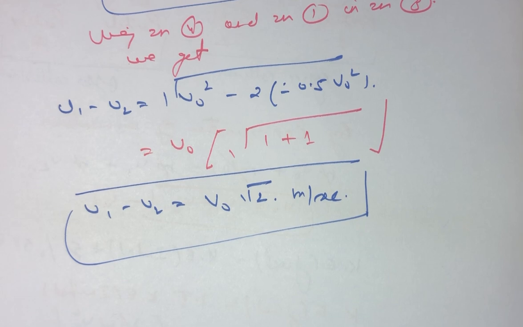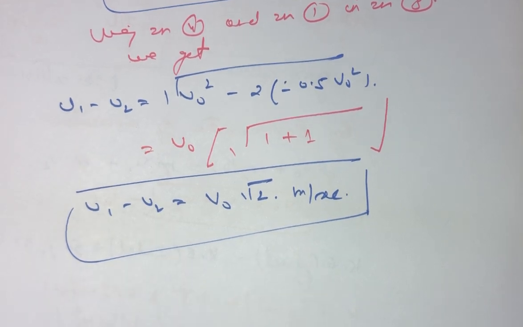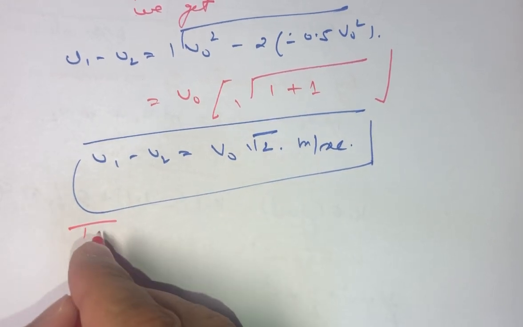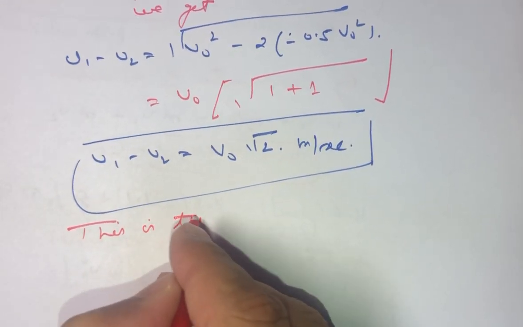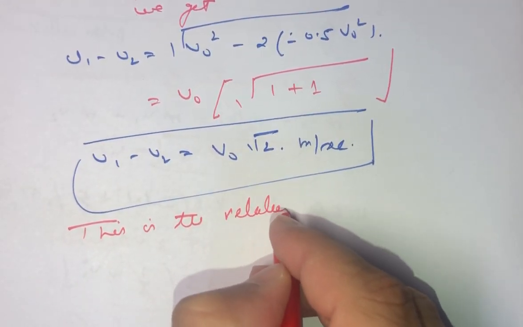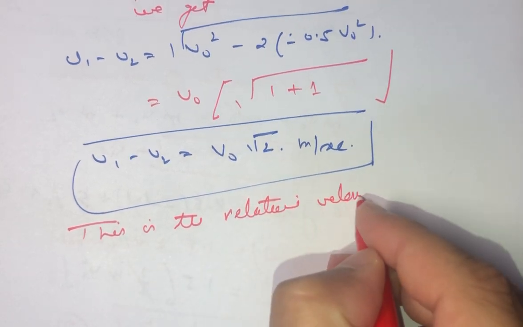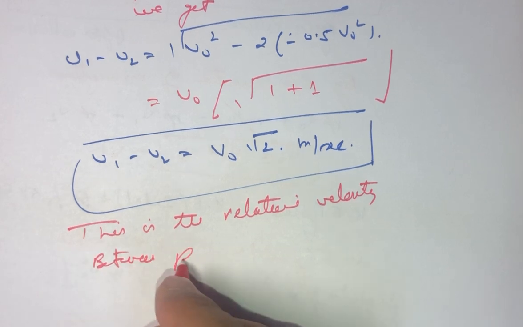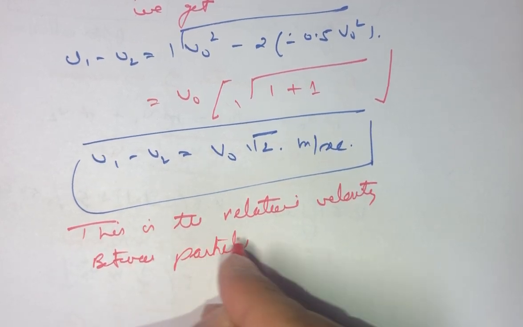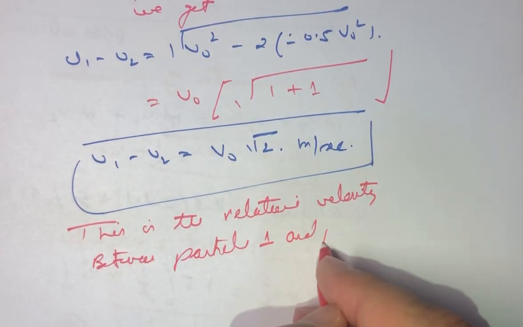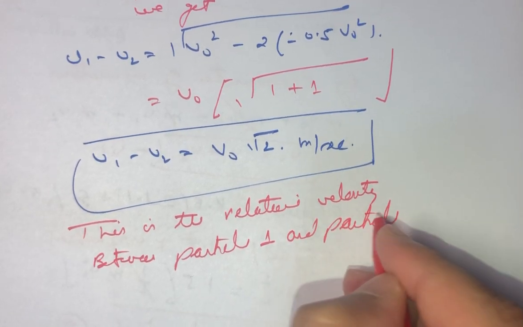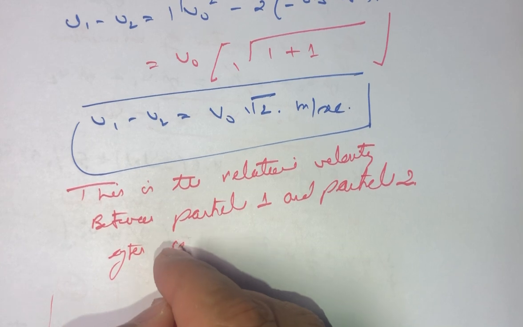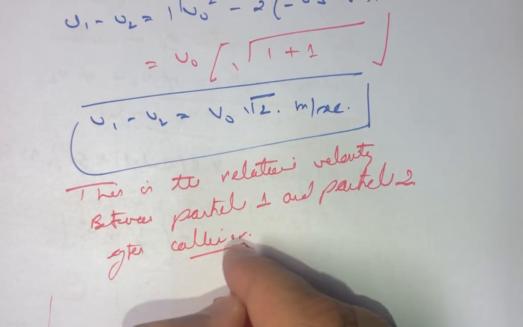So this is the relative velocity between particle 1 and particle 2 after collision.